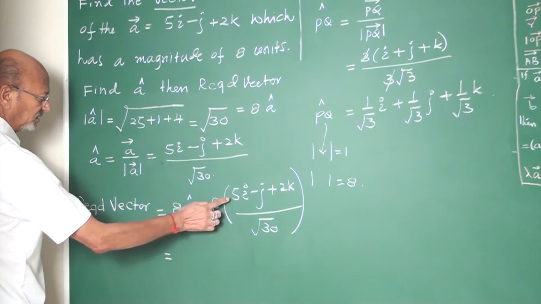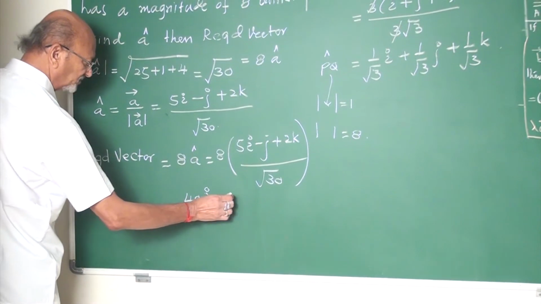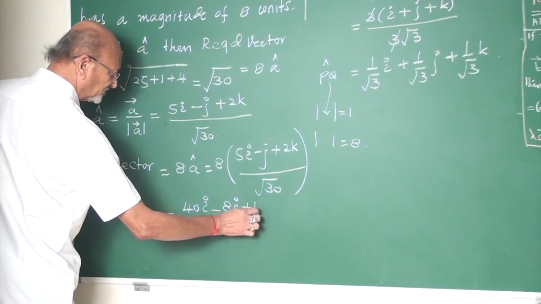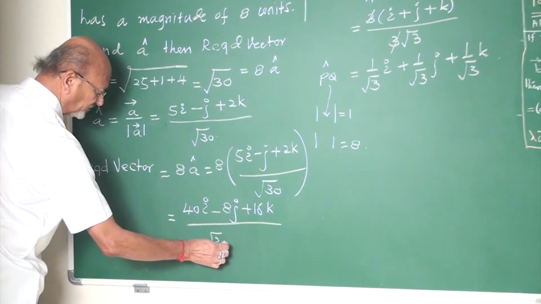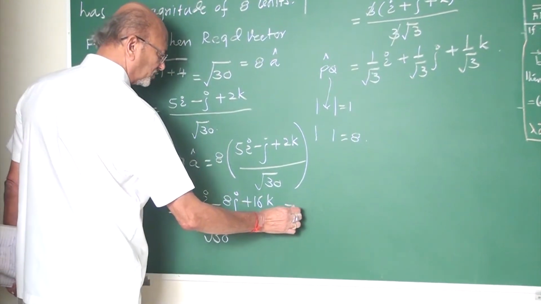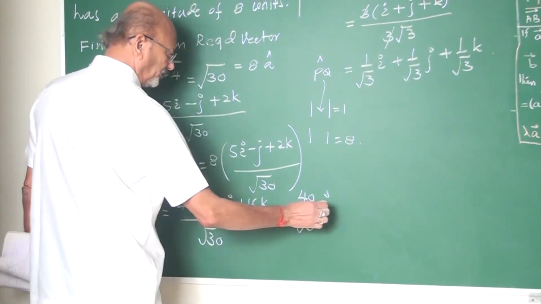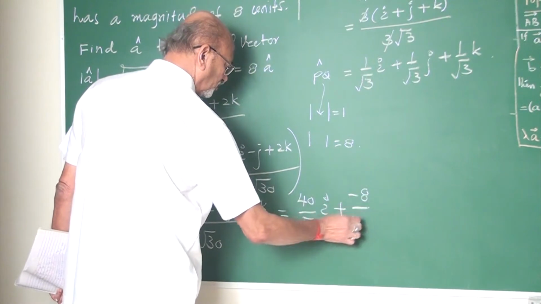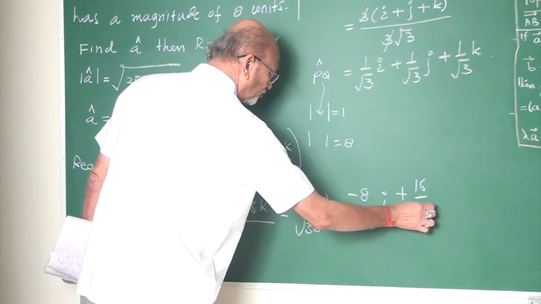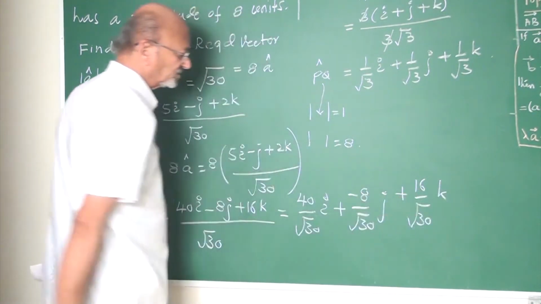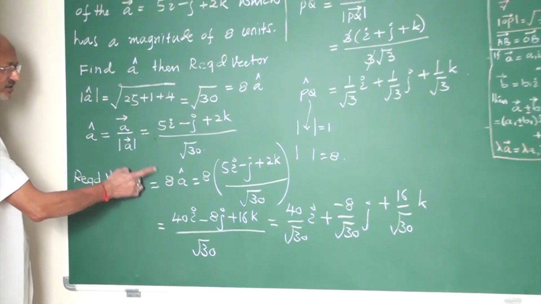Then you have to multiply by 8. 8 into 5 is 40i minus 8j plus 16k. Denominator is root 30. Otherwise, if you wanted the scalar components, 40 upon root 30 into i plus minus 8 upon root 30 into j plus 16 upon root 30 into k. What is this, my friend? The required vector whose magnitude is 8 units.